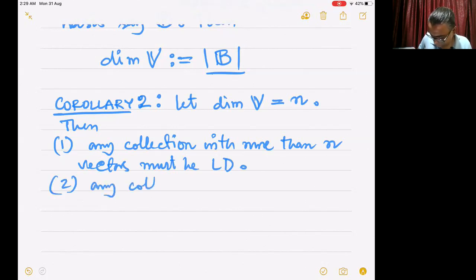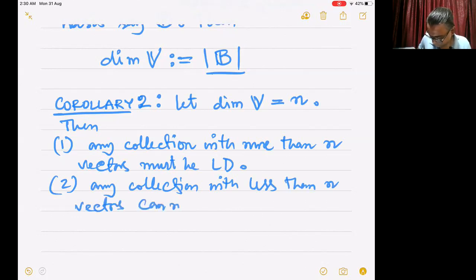Number 2, any collection with less than n vectors cannot span V.